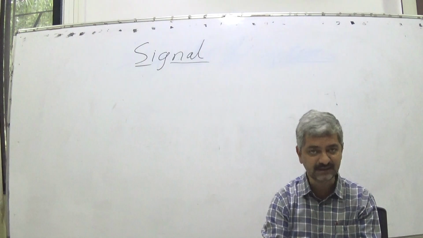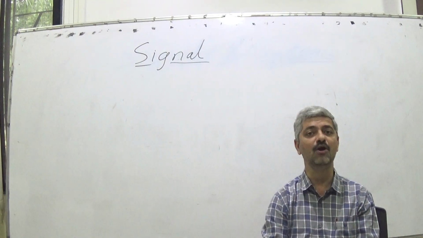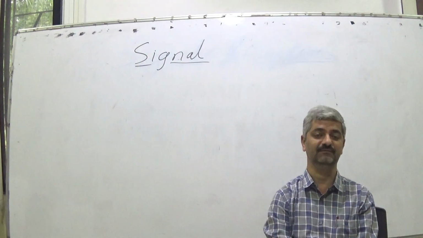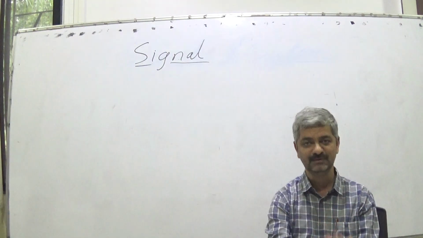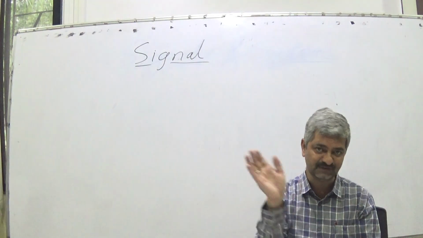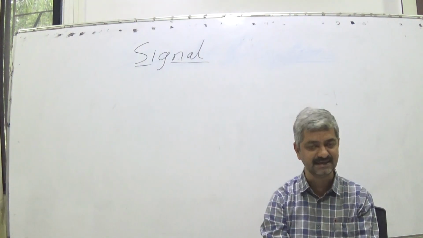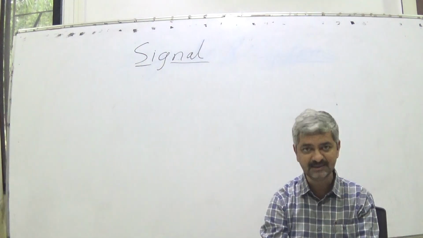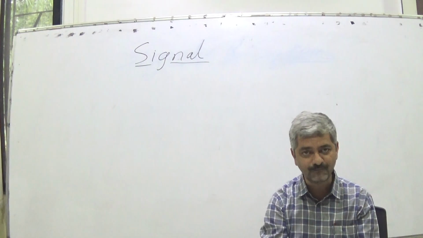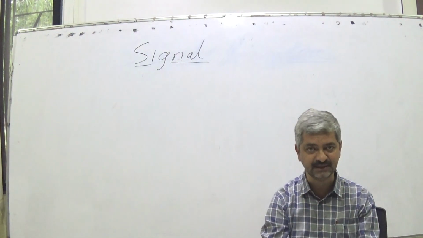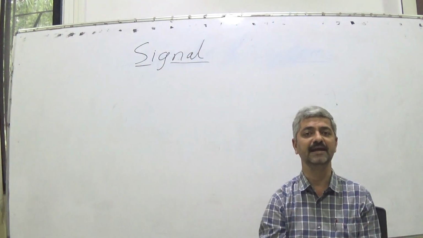So a signal is the mapping of one physical parameter. We said one variable, other variable. Then I said one variable which is a reflection of some physical phenomenon, or to be very precise, a signal is the mapping of one physical parameter with time.